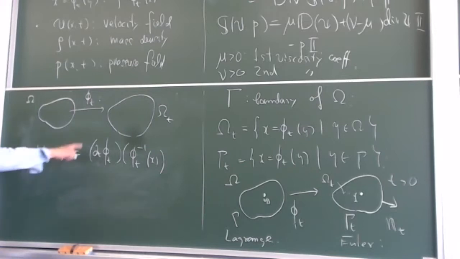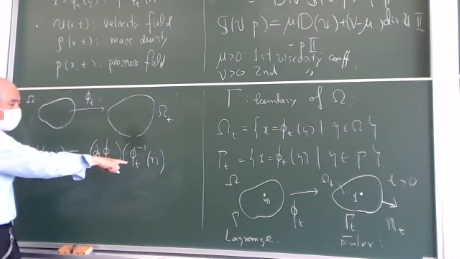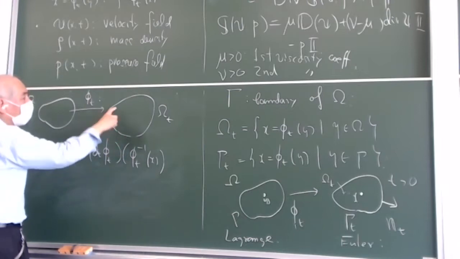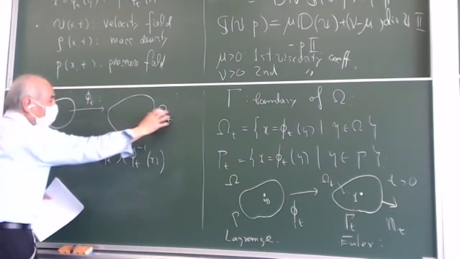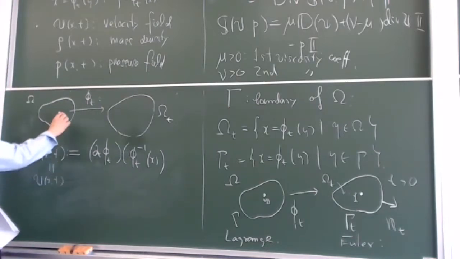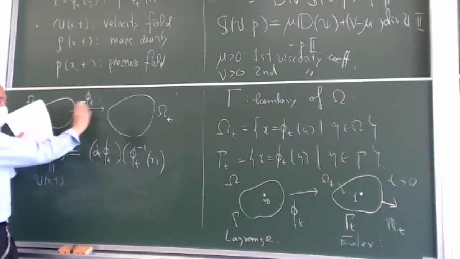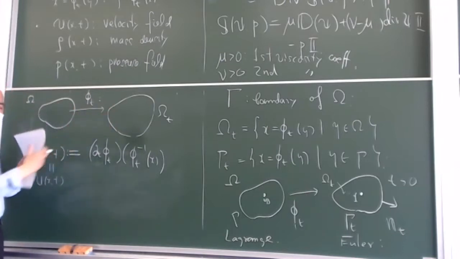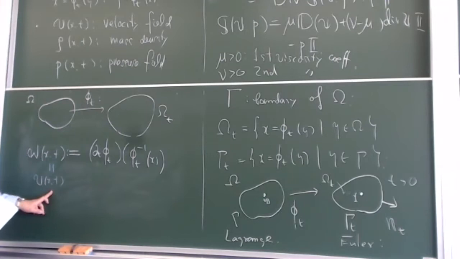So it's really the velocity of evolution of omega t. And then last time we assumed that this is bxt, because we consider the fluid particle. Therefore, this is equal to this one.